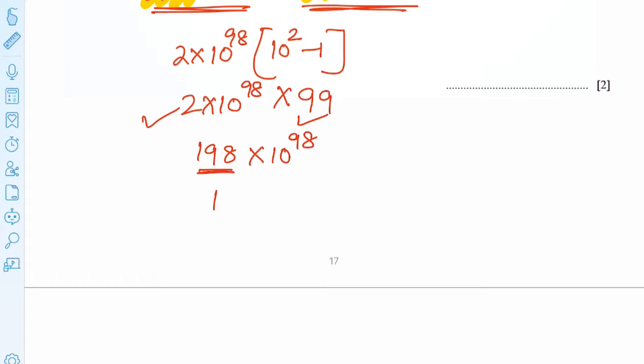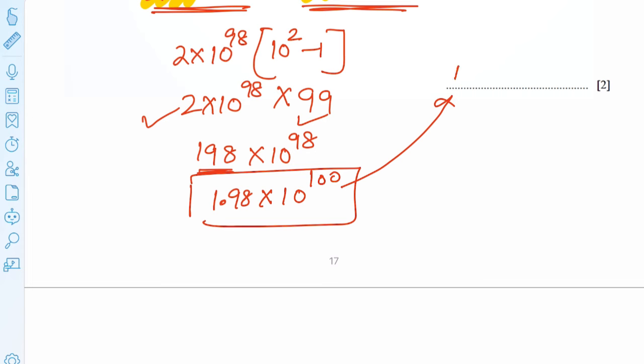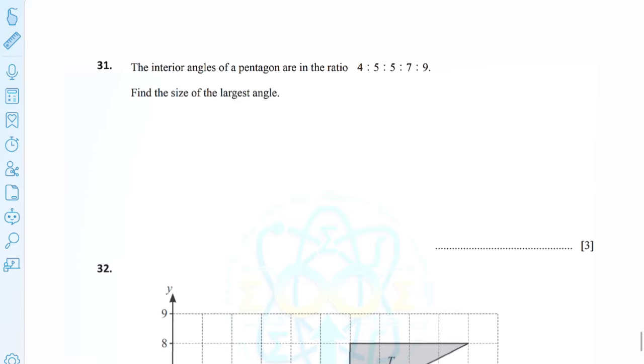So if it is 198 times 10 power 98, then it is 1.98 times 10 power 100. Okay, this is how we can get this answer. 1.98 times 10 power 100 is the answer for this question. Got it, everyone, clearly? Next question, please.